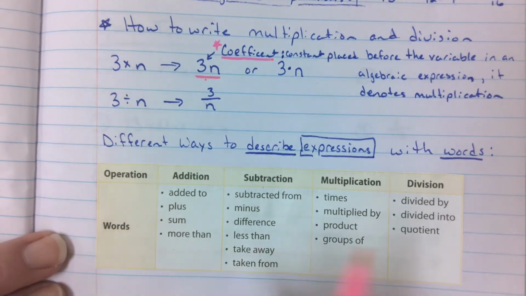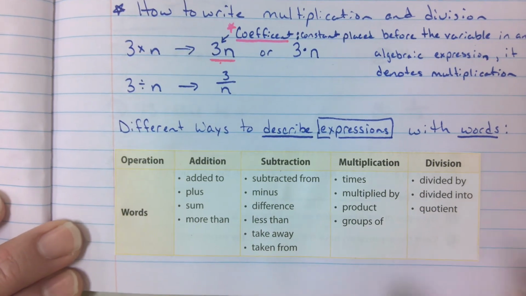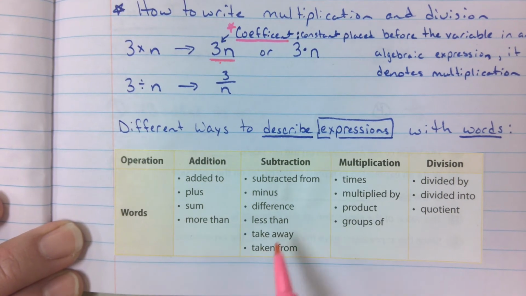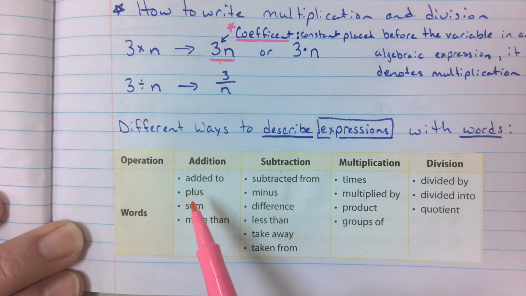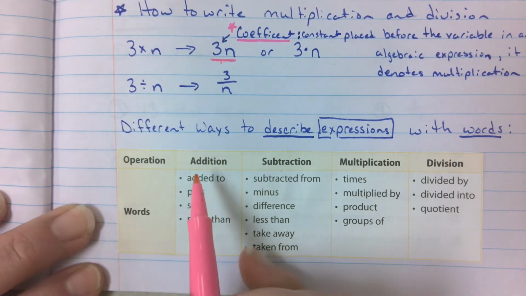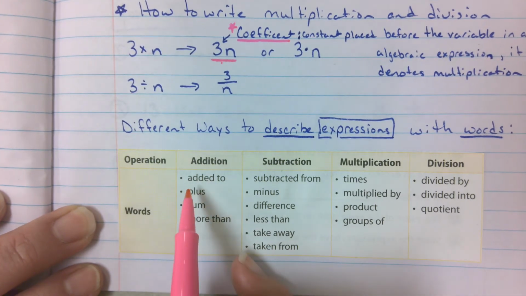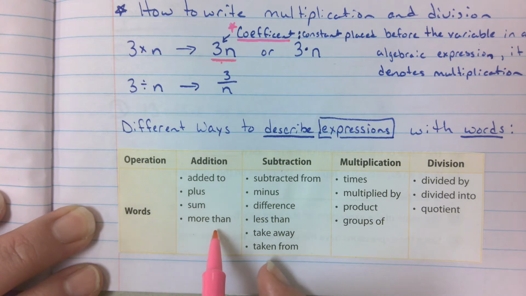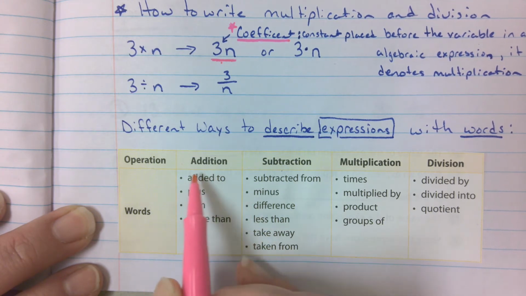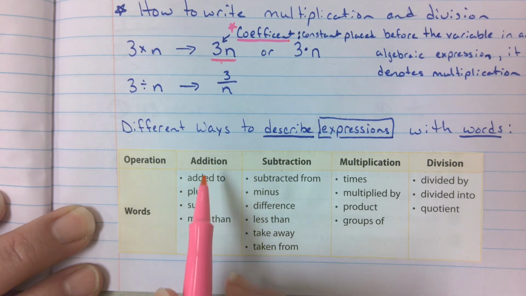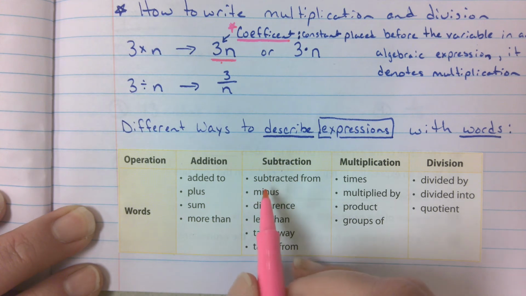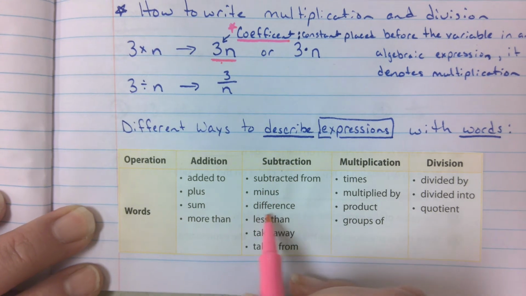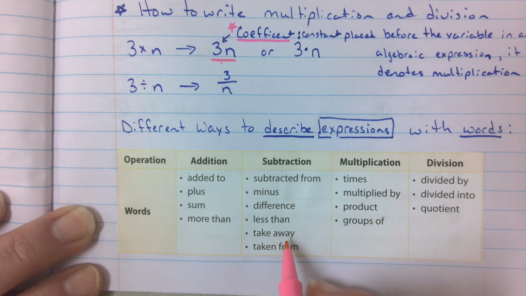Different ways to describe expressions with words. This is really important that you understand these terms and what they are representing. For addition, you may see in your phrase added to, plus, some, or more than. Whenever I see this in my phrase, I need to go with addition. Subtraction: subtracted from, minus, difference, less than, take away, taken from.